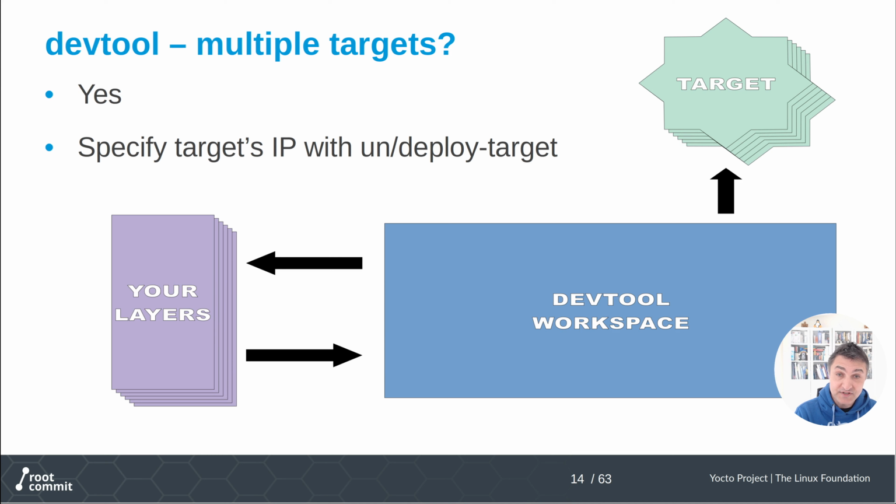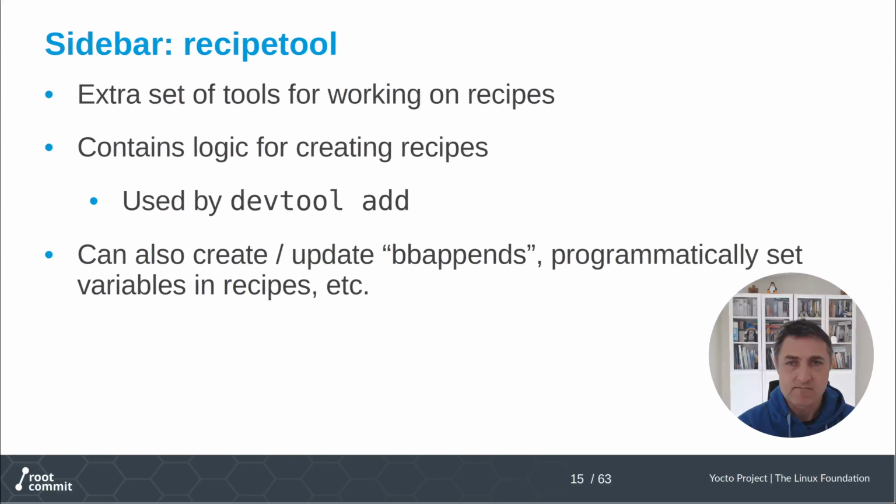That's great for testing that the binary for the same recipe works indeed on all the boards you want to support. By the way, there's also a recipe tool that contains the logic to create the recipes from sources. In particular, it's used by the Devtool add command. Recipe tool can also take care of creating and updating the bbappend files and set the right variables in the recipe it creates.